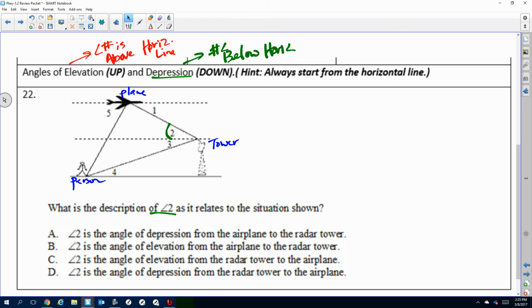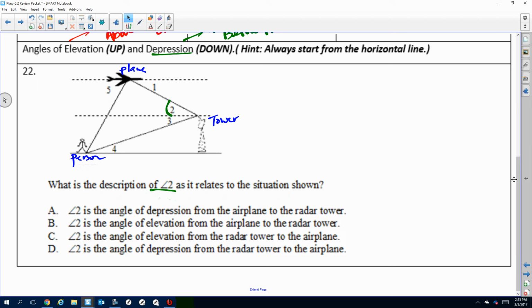That number, you can see, is above the dotted line. So we're looking for elevation, which will eliminate A and D, the depression answers. Is angle 2 the angle of elevation from the plane? No. Angle 2 is the angle of elevation from the radar tower. Yes, the answer is C, from the radar tower.